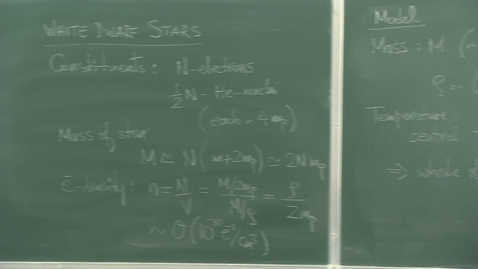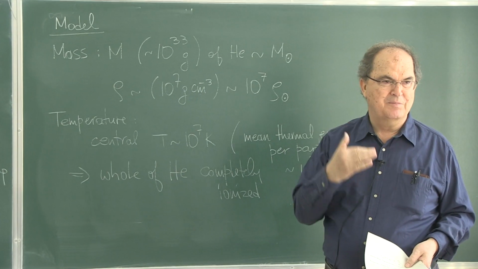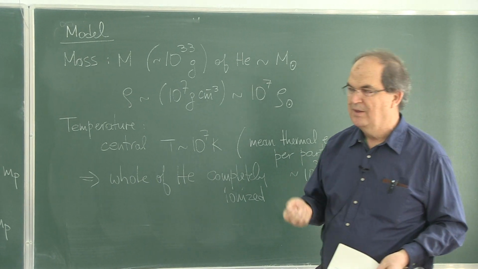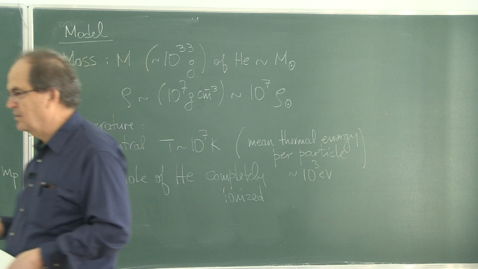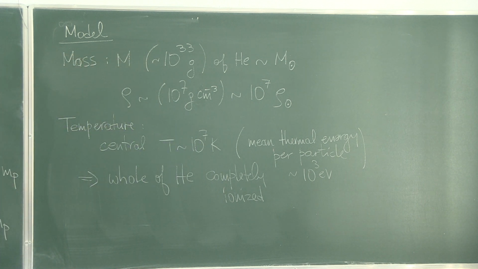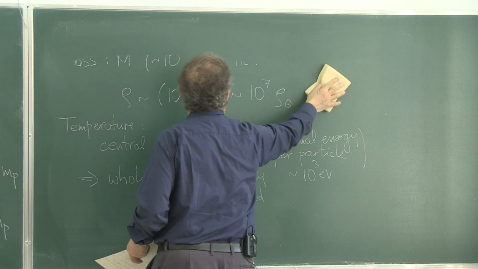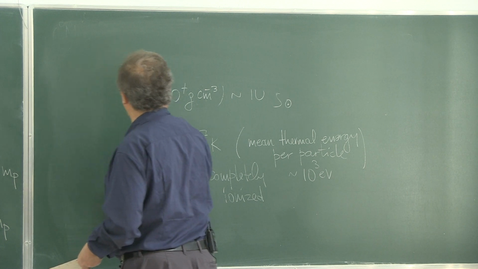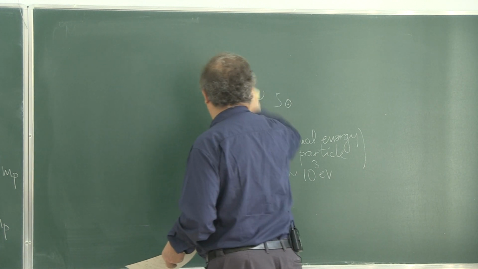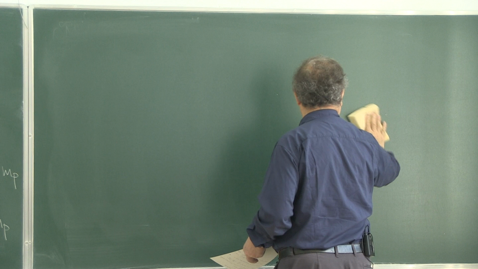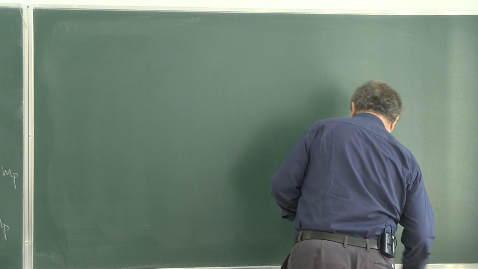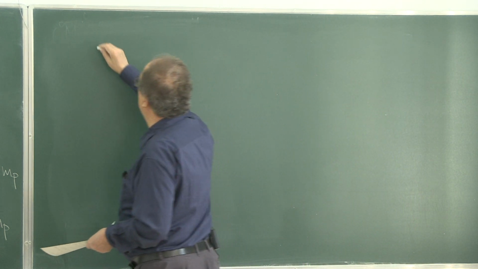These steps are extremely important. I'm going step by step simply to show how to build a model for a system like this, for a star like this. Okay, let's continue with our model. Let's look at the Fermi momentum.